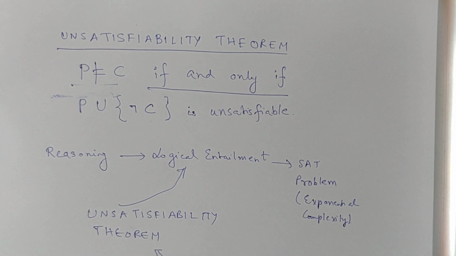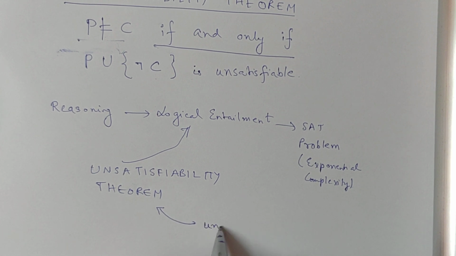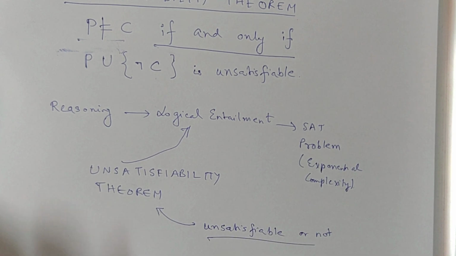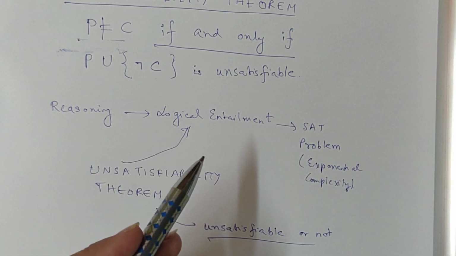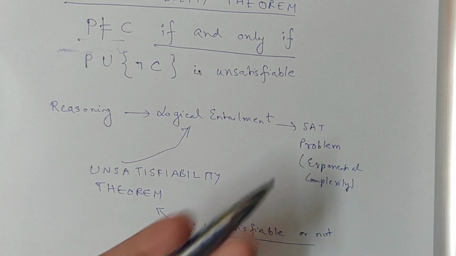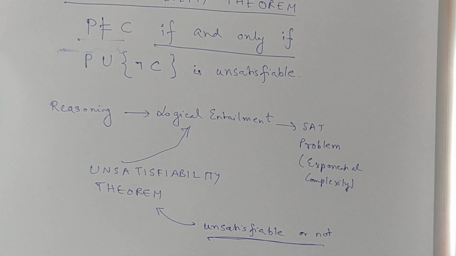Now we have to find whether a set of sentences is unsatisfiable or not. So from the problem of finding the truth value assignments that satisfy a set of sentences, now our problem has boiled down to checking whether it is unsatisfiable or not.